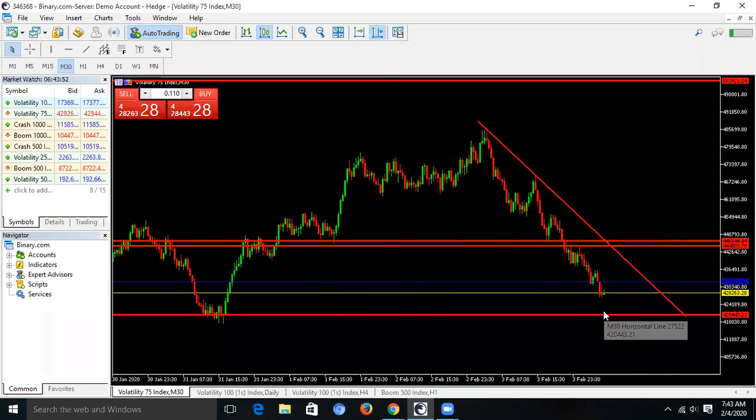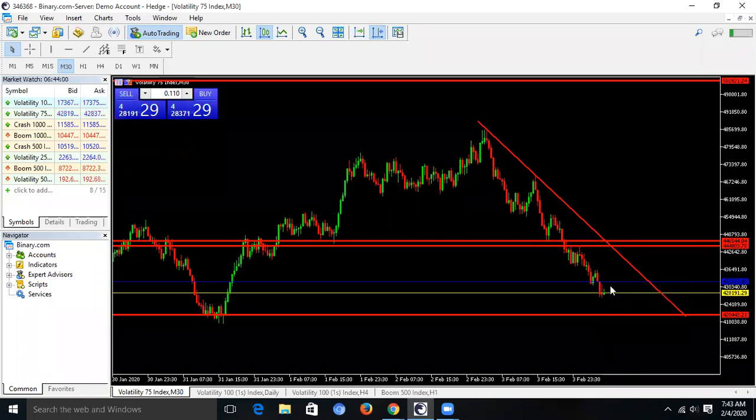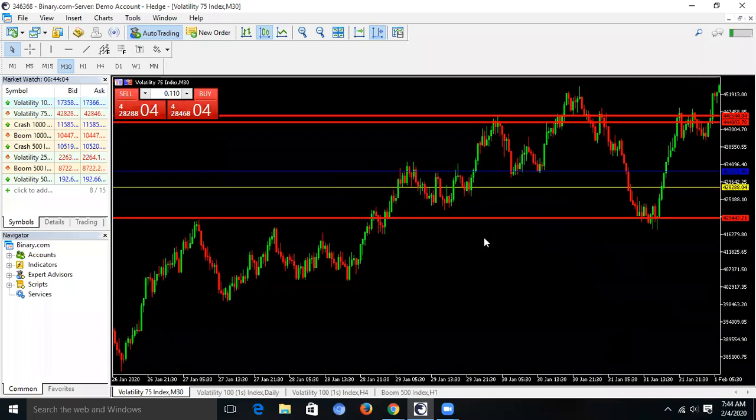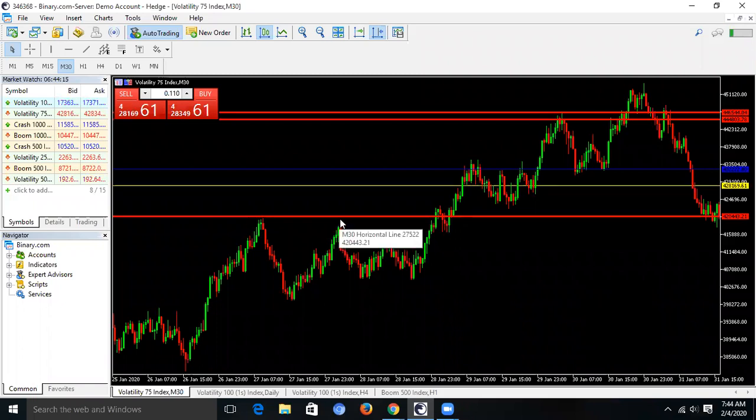I tell you that if price, see here, it was a resistance here before. Look at near the zone. It must not, like I told you, be a straight line.